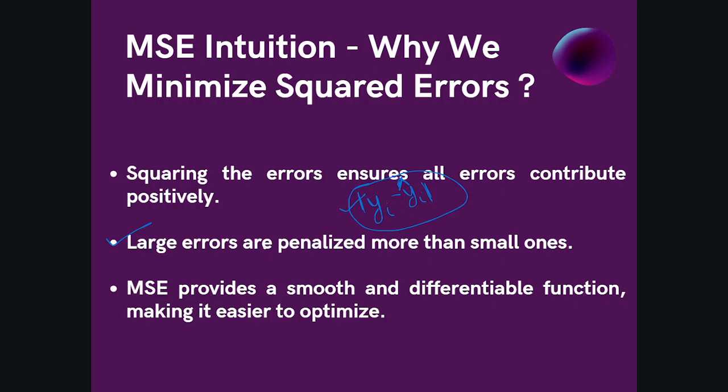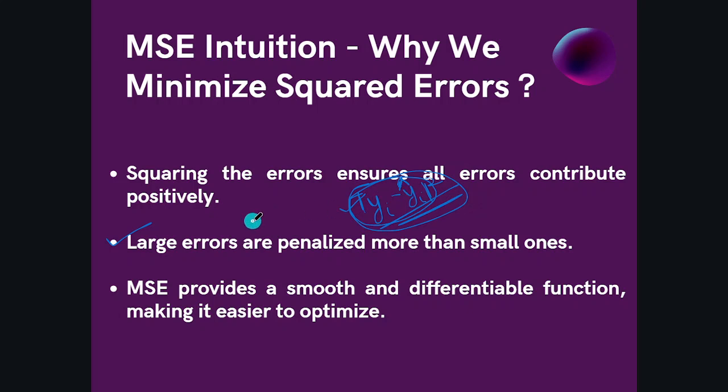Particularly for that reason, we have to use the squared error function over here. We can use this one, but this one will not give us the optimized model parameter.